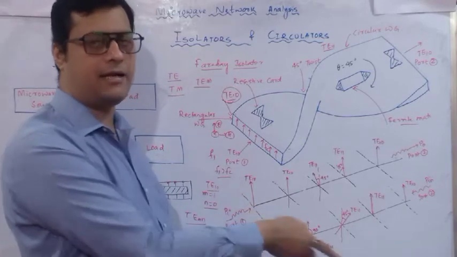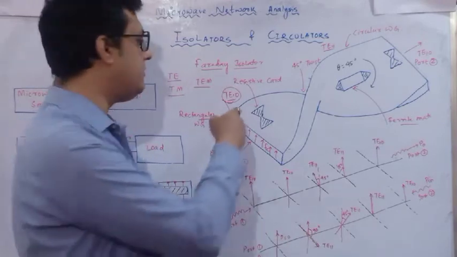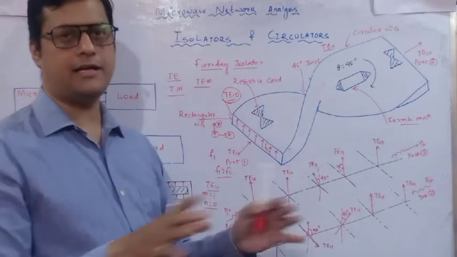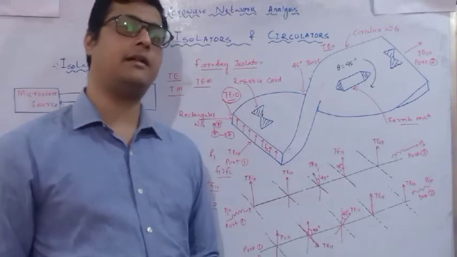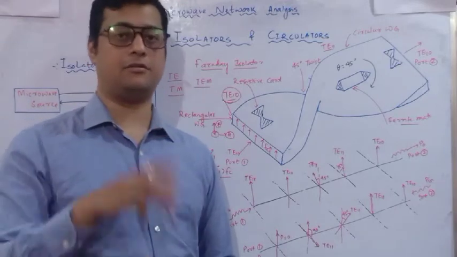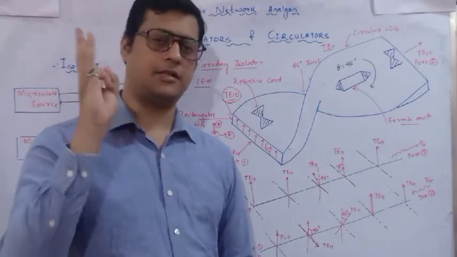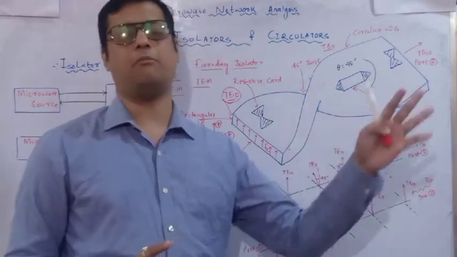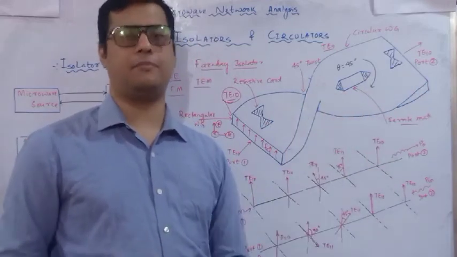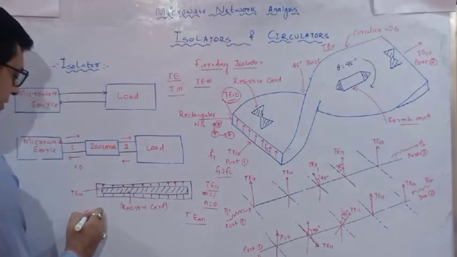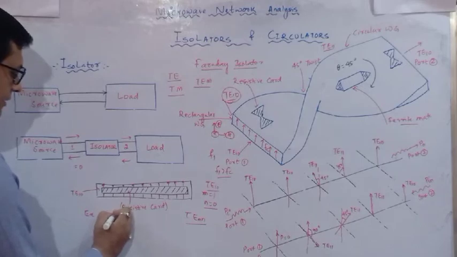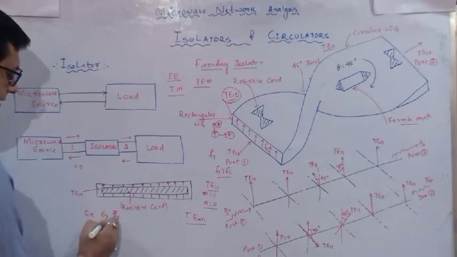A magnetic field should be present, but since we are using TE mode, the magnetic field along the z-axis is suppressed. But the magnetic field will exist along other axes, because in a rectangular three-dimensional system we analyze three components of electric field and three components of magnetic field. So the fields are Ex, Ey and Ez, Hx, Hy and Hz.